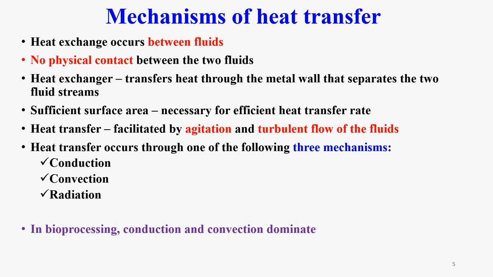Mechanism of heat transfer: the heat exchange occurs between fluids and many times there will be no physical contact. It means there will be some intermediate between them. For example, in a heat exchanger there will be metal between the hot fluid and the cold fluid, that is, transfer of heat through a metal wall that separates two fluid streams, hot and cold.